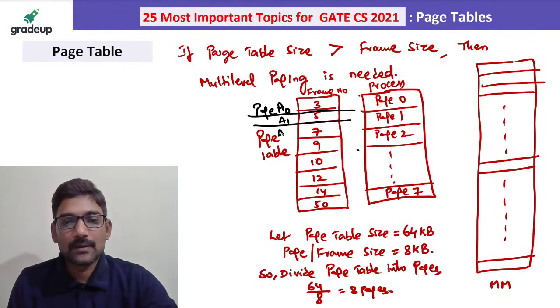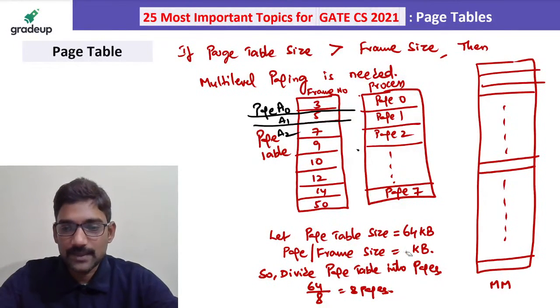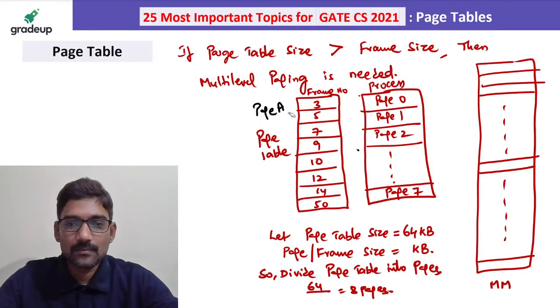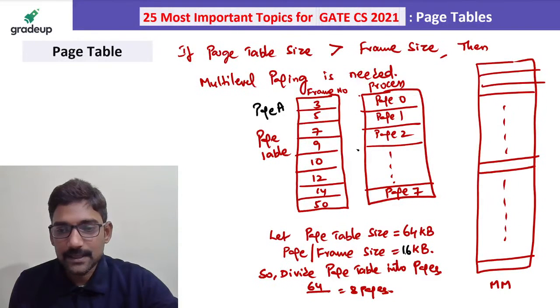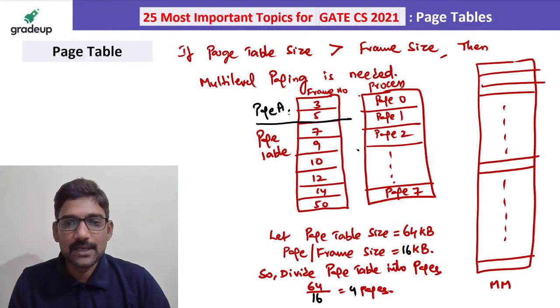A1, A2. Just a moment, let me change the values. So let it be 16 KB. So we will be dividing this into 4 pages. Just for better understanding, I am changing it. So let it be page A0, page A1, page A2, page A3.